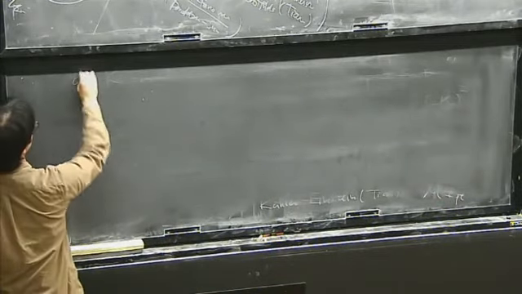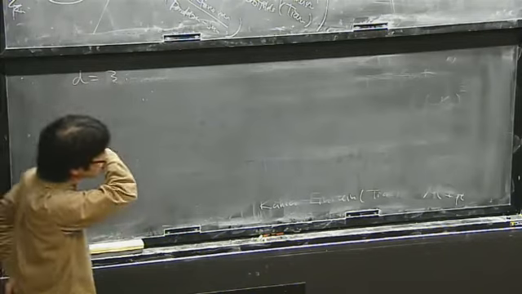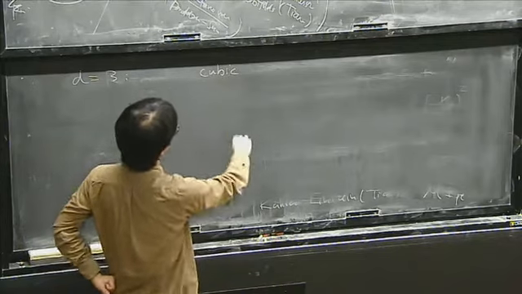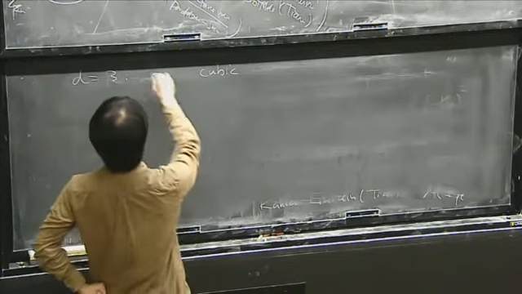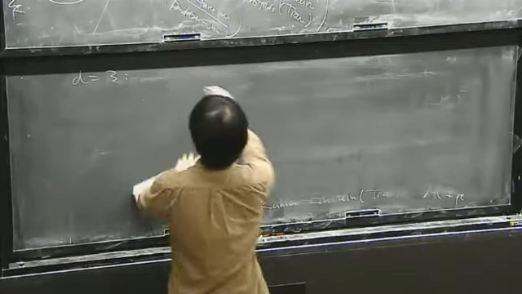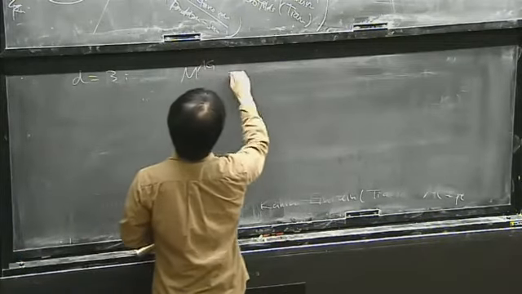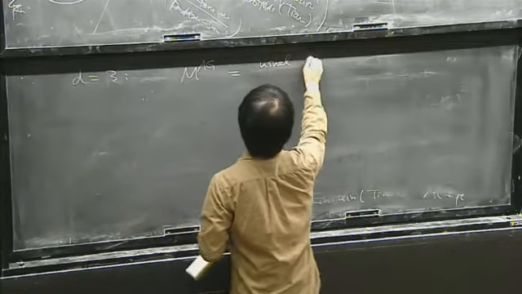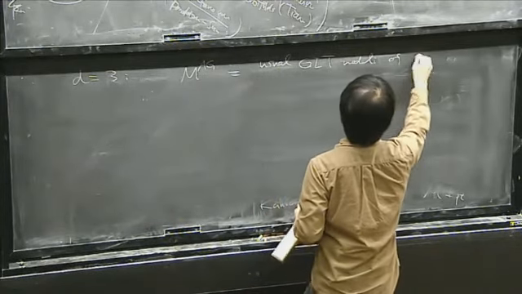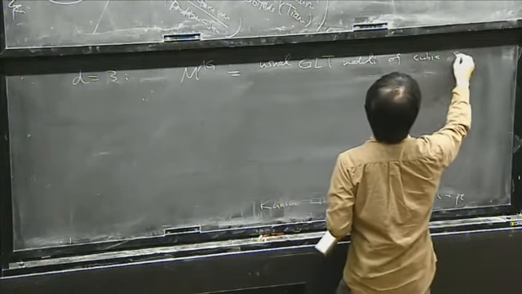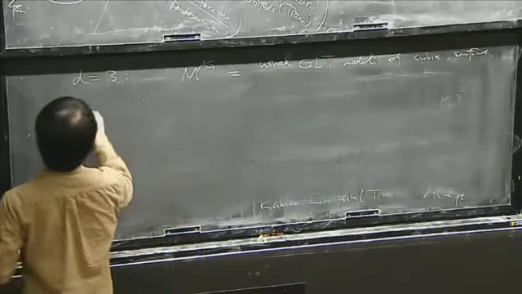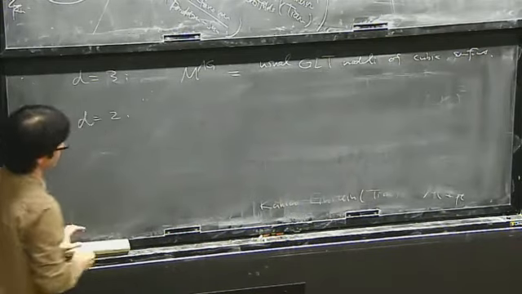So maybe the d equals 3 case is easier. As usual, M_AG is just the usual GIT moduli of cubic surfaces. And d equal to 2, this is a bit technical.